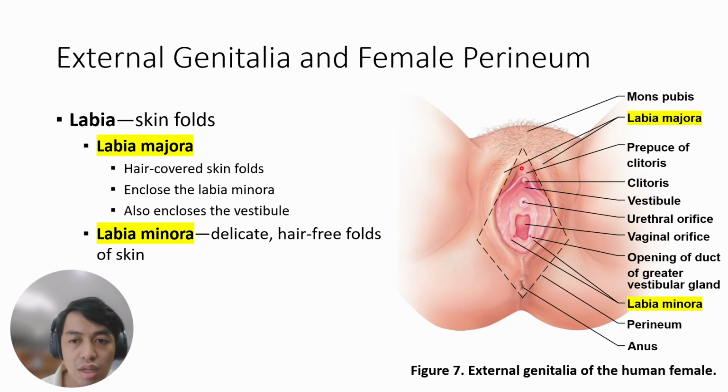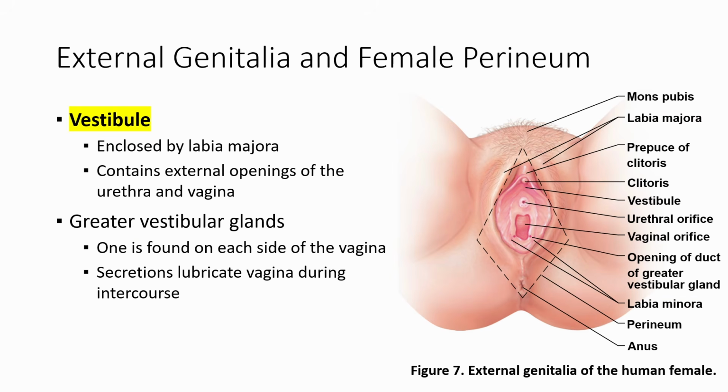The labia majora is composed of skin, whereas the labia minora is positioned inside the labia majora. The vestibule is the area inside the labia minora, and found inside are the clitoris, the urethral orifice, and the vaginal opening, and other openings of different glands.